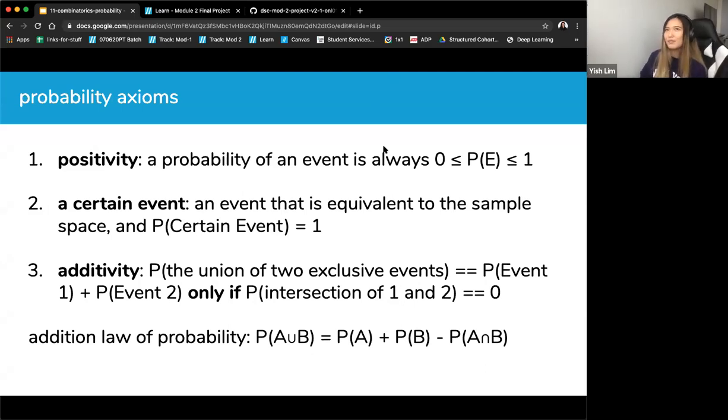The way I think about it is that when you're asking for the probability of something, you're only asking that question of your entire sample space. And so if the probability of an event just happens to be 0, the event is still a subset of your sample space, but it's just an empty event, if that makes sense.